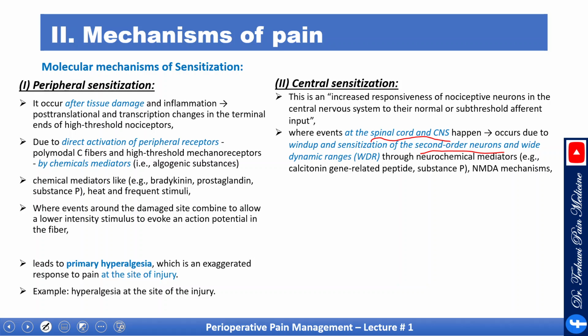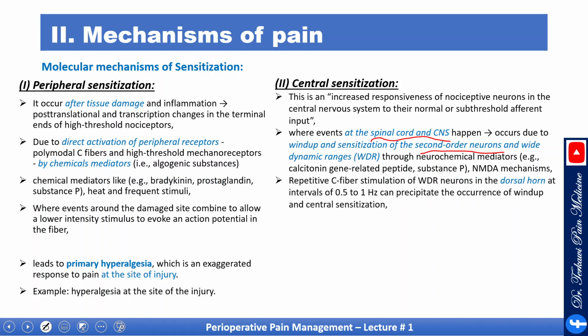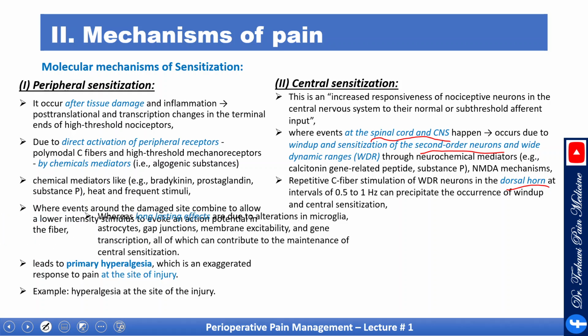Through neurochemical mediators, slightly different mediators here, like calcitonin gene-related peptide, substance P, and NMDA, repetitive C fiber stimulation of the wide dynamic range neuron in the dorsal horn at an interval of 0.5 to 1 Hz can precipitate the occurrence of wind-up and central sensitization.